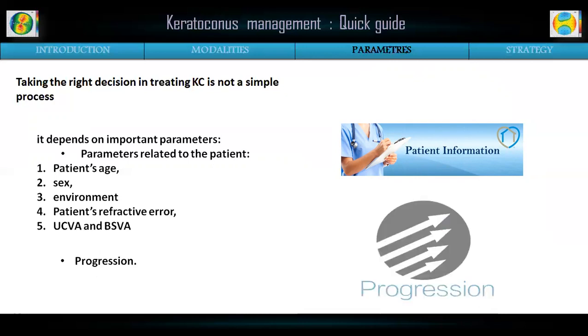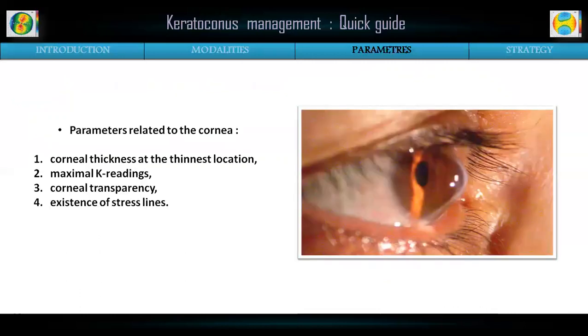We have also progression, if there is a progression or not. And these are other parameters related to the cornea of the patient: thickness, K-max reading, transparency of the cornea, and existence or not of stress lines.